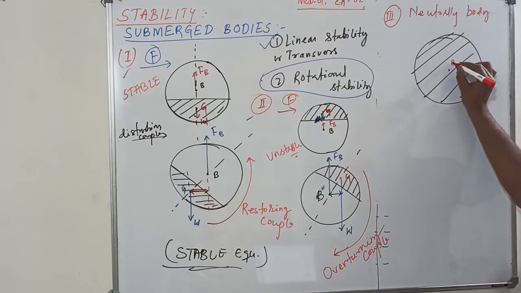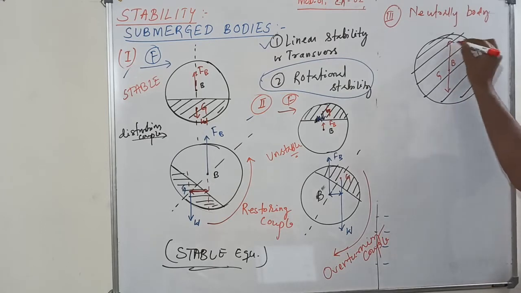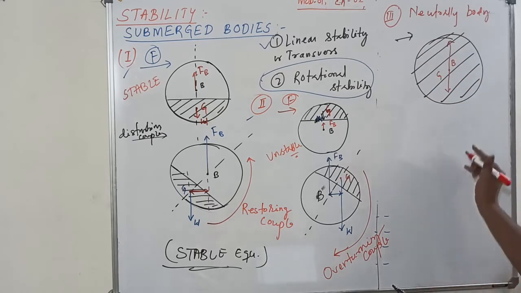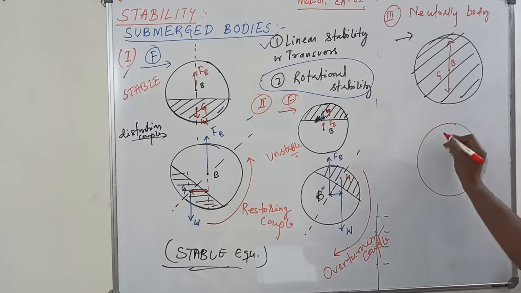That means the center of buoyancy and the center of gravity are at the same point, B and G are the same point. So in such an equilibrium, if you disturb it by some force, what will happen is, this is the new position.